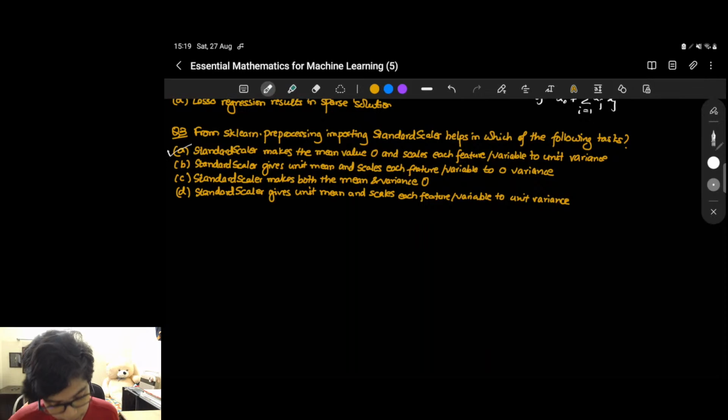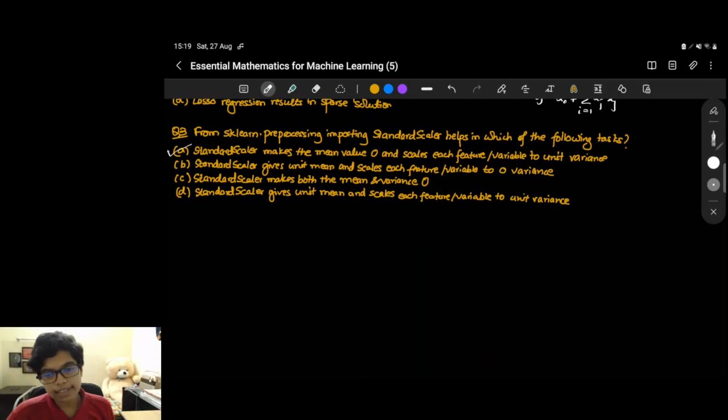I will explain it. StandardScaler makes the mean value 0 and scales each of the features to unit variance. That means it shifts the data. So you have some input data for each of your features, let's say 4 or 5 features, and then you would have data corresponding to those features.